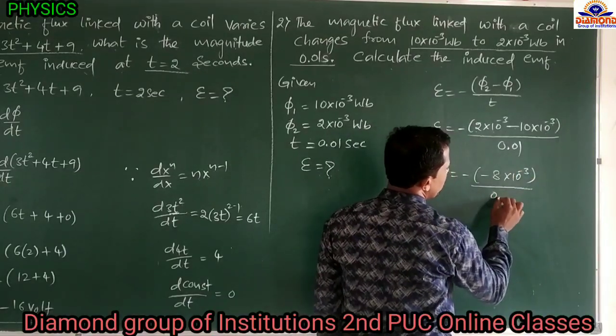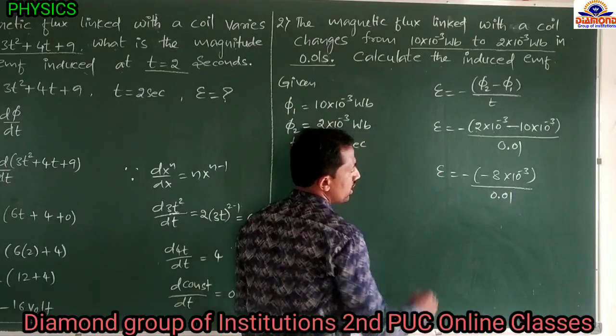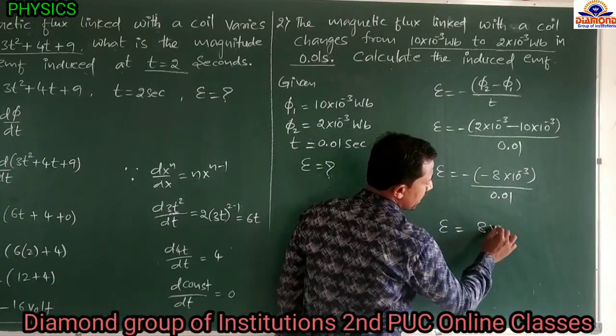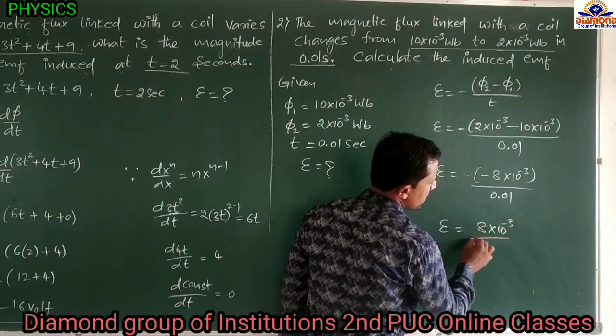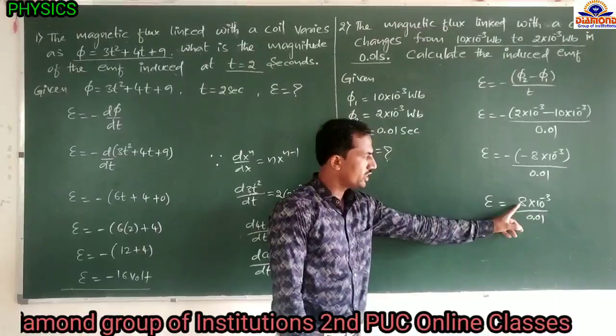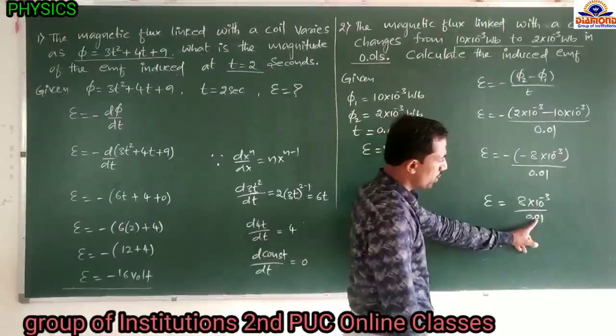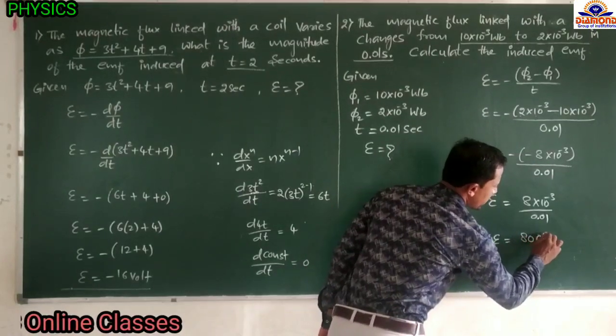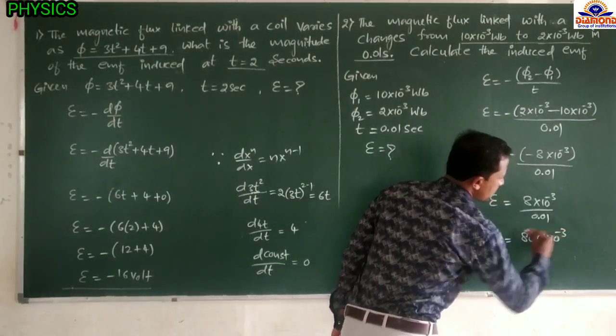Divided by 0.01. Then equals minus into minus plus. Then we are adding 8 into 10 to the power of minus 3, divided by 0.01. Divide these two values: 8 divided by 0.01 equals 800 into 10 to the power of minus 3.